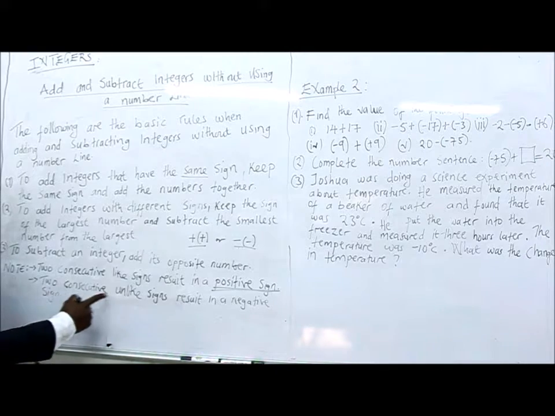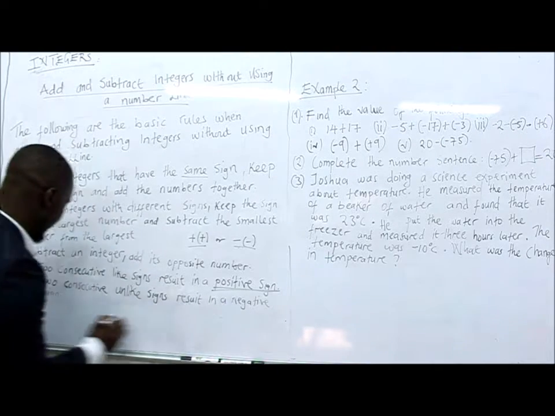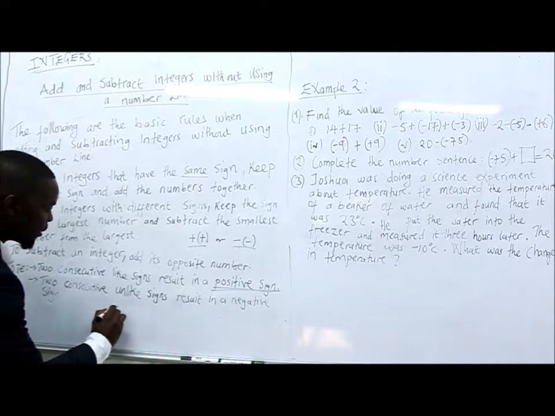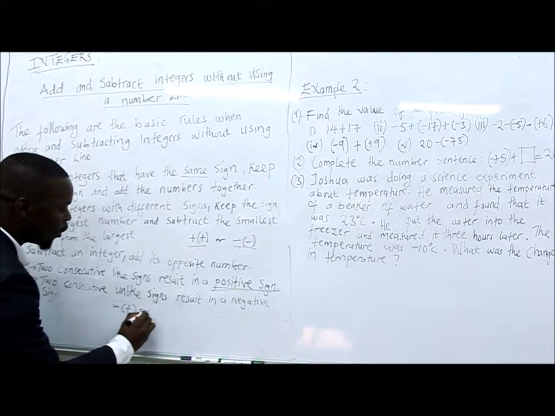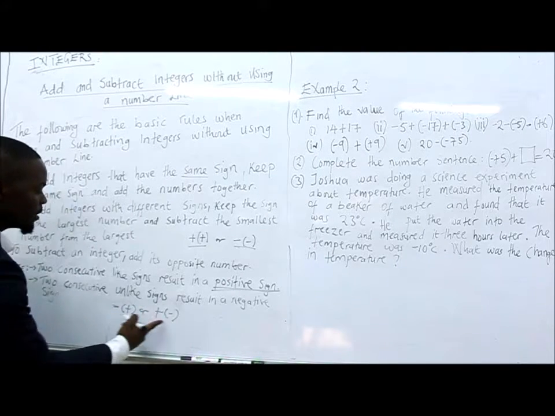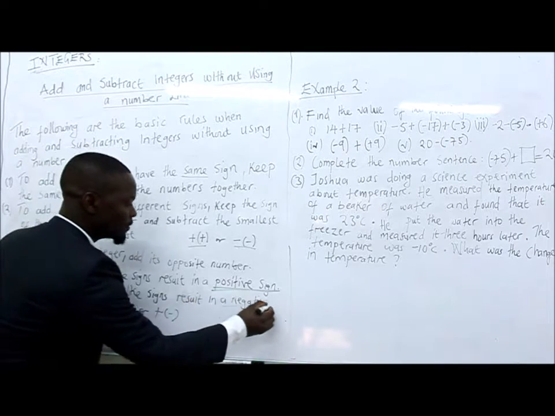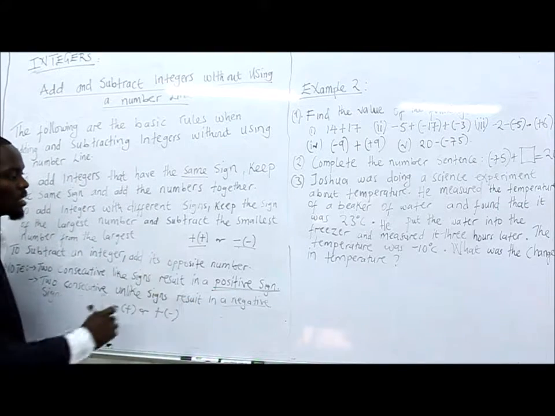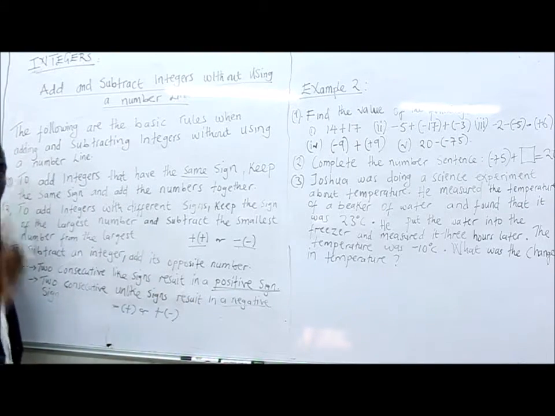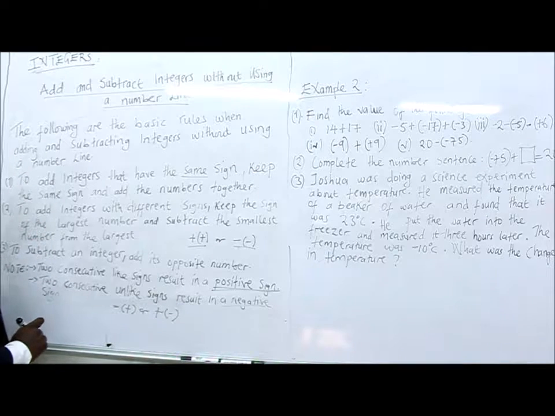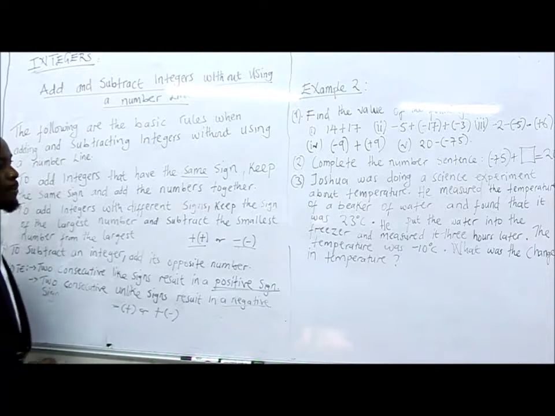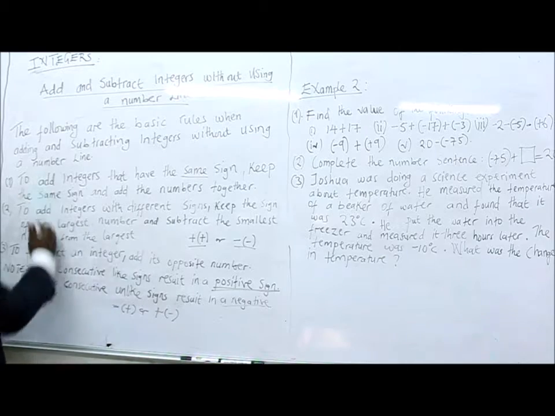Two consecutive unlike signs result in a negative sign. For example, a negative and a positive, or a positive and a negative, result in a negative sign. You will understand this concept well in our third video, when we discuss how to multiply or divide integers without using a number line.